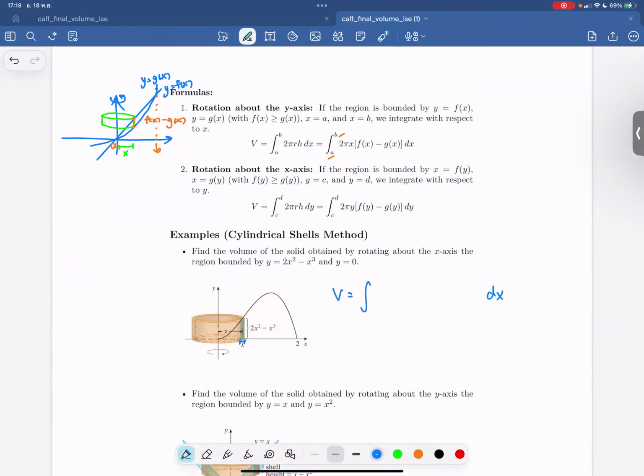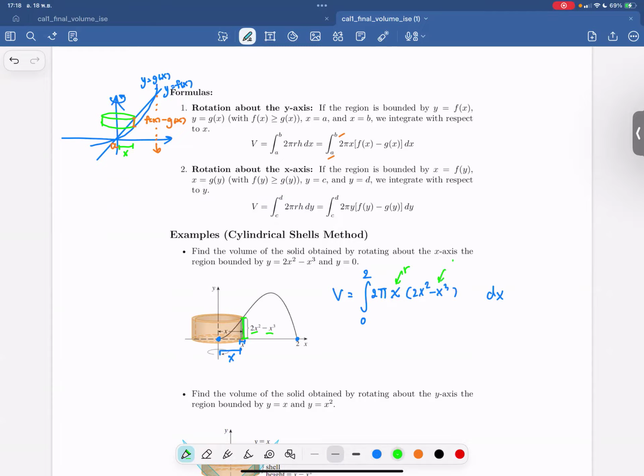Okay, so the boundary should be 0 to 2, and then you put 2 pi, and then you need to find the radius and the height of the cylinder. The radius is the variable x, right? And the height is the variable y, but your y is equal to 2x squared minus x cubed. So you put x over here as the radius, and y over here as the height.